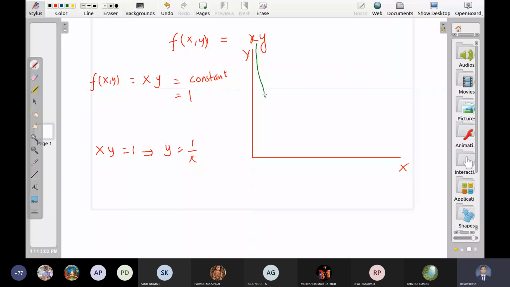Now if we choose 2 here, we get another curve. The structure remains the same, although it will be on the right hand side. If you take 3, you will get another curve.